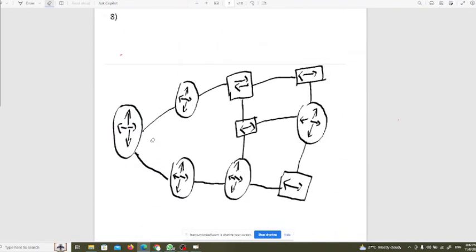I'll upload the file to the drive so that you'll be able to have it, and then you can practice finding the broadcast domains and collision domains.